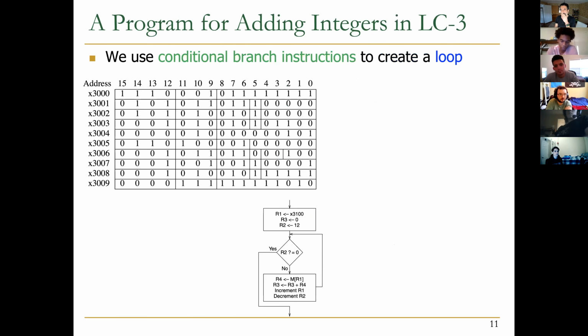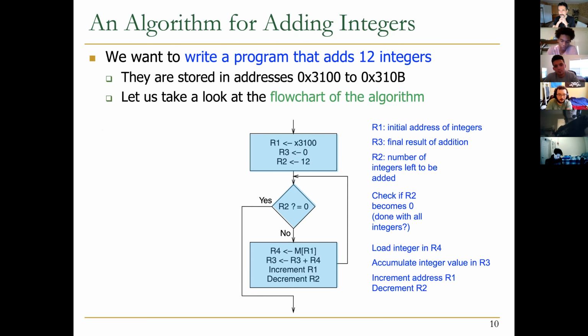I have a quick question, Professor. Yeah, go ahead. Because we're working in LC3 right now, and this is 16 bits of memory for LC3, does that mean if we were to have, let's say, 13 integers instead of 12 integers, we would run out of memory for running the program? Because we also have the 4 registers for our math in the program. Let me see whether I understand your question.